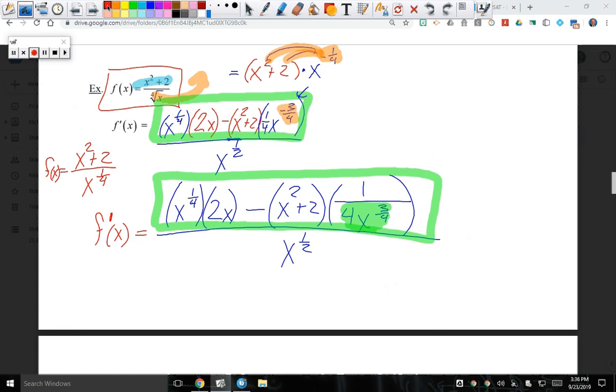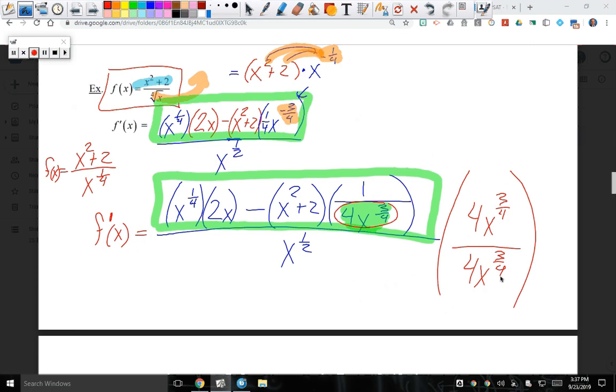We did this way back when we did limits. And I'm going to make it a lot easier for you because we were just doing algebra then. I'm going to multiply by a form of 1. That will cancel out this denominator in the numerator from not being there. You with me? So what's the form of 1? 4x to the 3/4 over 4x to the 3/4.